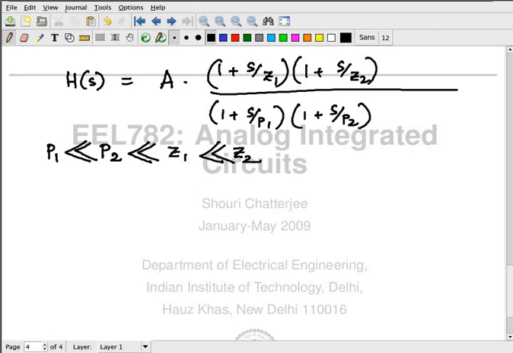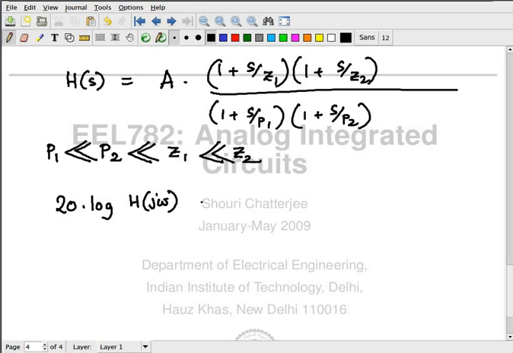Now, we are going to sweep the frequency, and as we sweep the frequency, we are going to talk about 20 times log of H of j omega. This is our target function. We want to know this block.